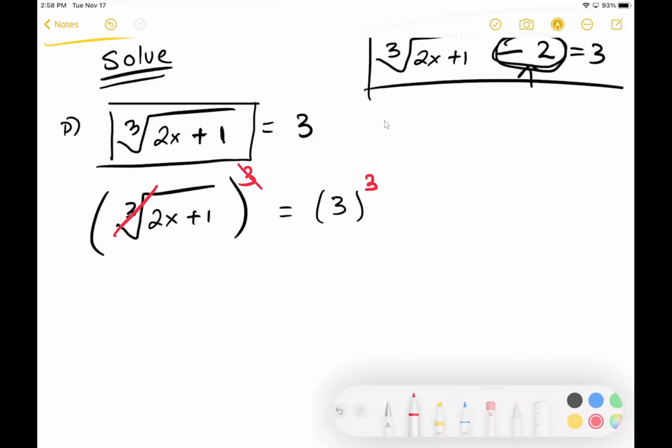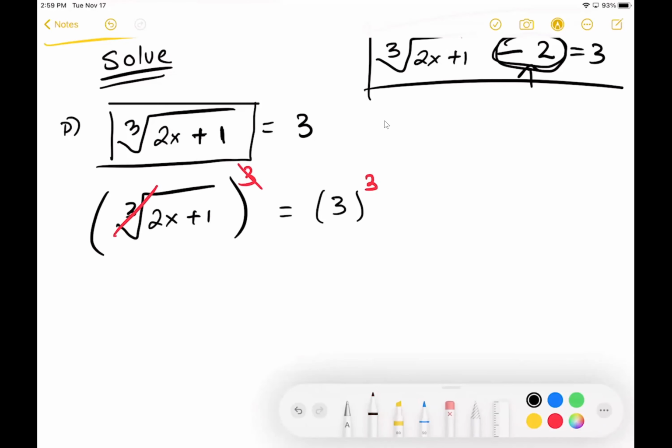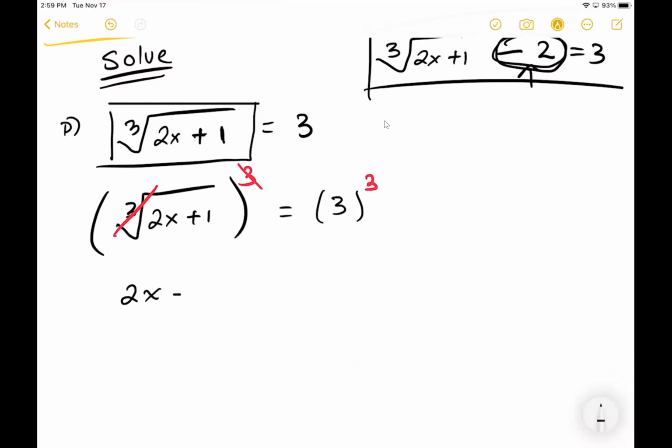And if they cancel each other out, I have the item in the radical equal to, again, what does this cube root tell me to do? Well, it tells me 3 times 3 times 3. And 3 times 3 is 9, times 3 is 27.